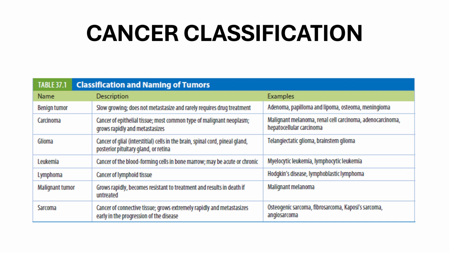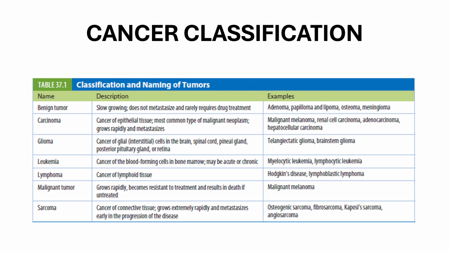Glioma, cancer of the glial or interstitial cells in the brain, the spinal cord, the pineal gland, the posterior pituitary gland, or the retina. We have examples such as telangiectatic glioma and brainstem glioma. Then you have leukemia, cancer of the blood forming cells in bone marrow.